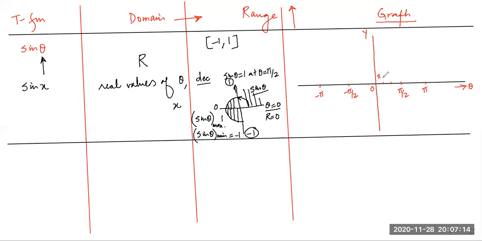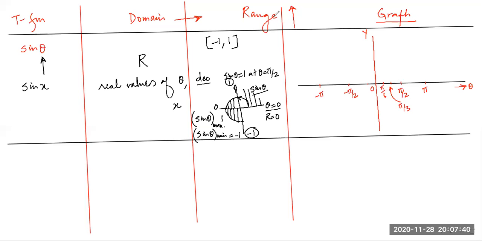Am I right? 30 is pi by 6. So this angle would be 30, 60, so it will be pi by 3. Right? This will be pi by 2. So this is 30, this is 60, and this is 90, right? A gap of 30 degrees.